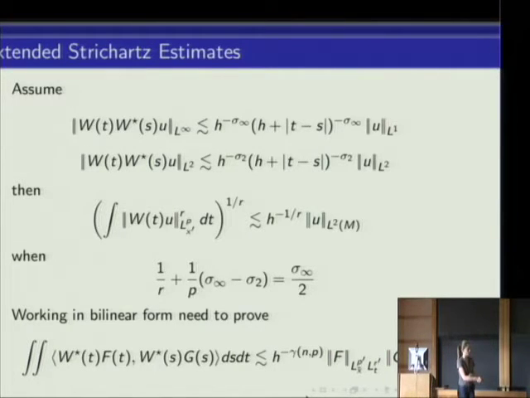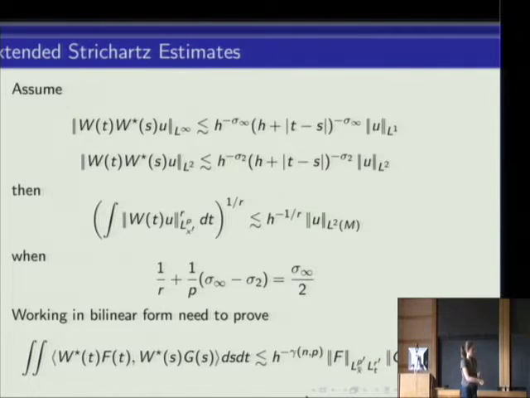Notice if you put sigma 2 equal to 0 here, you recover the standard governing equation for a normal Strichartz estimate. So this is the form we're going to be working with. I'd like to briefly show a sketch of how you would go about proving it, because understanding that helps you understand why you get these two regimes.